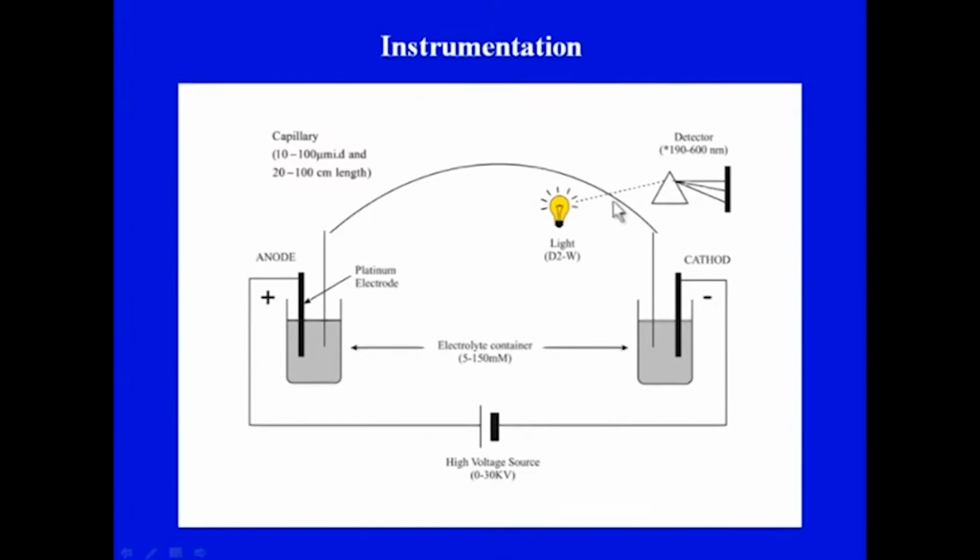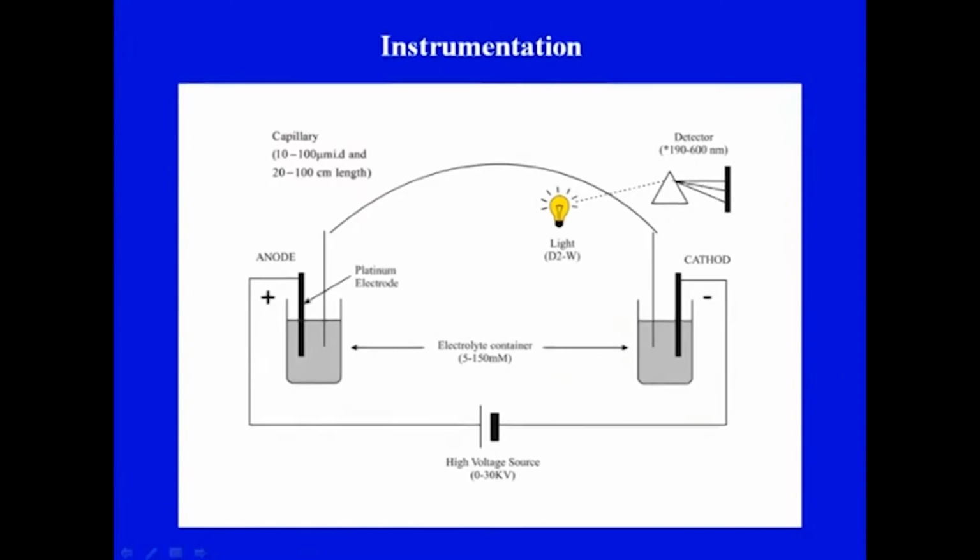There is a detector at the cathode side which will be monitoring the whole run, and in a data recorder these things could be recorded and analyzed. So, this is a typical capillary electrophoresis setup, and the sample is loaded towards the anodic side.